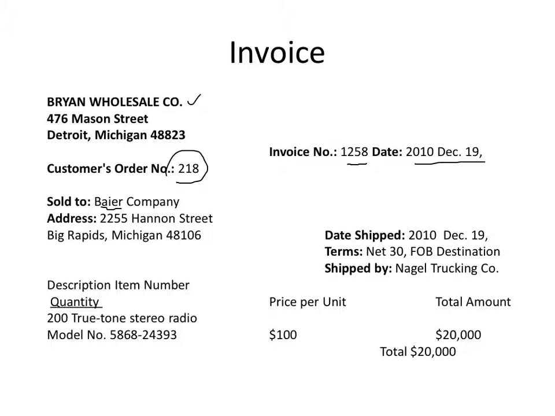Now, we shipped December 19th, and the terms of the sale here are net 30, which we'll discuss later, and FOB destination, which we will also discuss later. Now, for the quantity of items, we shipped them 200 of these True Tone stereo radios, model so-and-so, $100 each, so the total invoice price is $20,000.